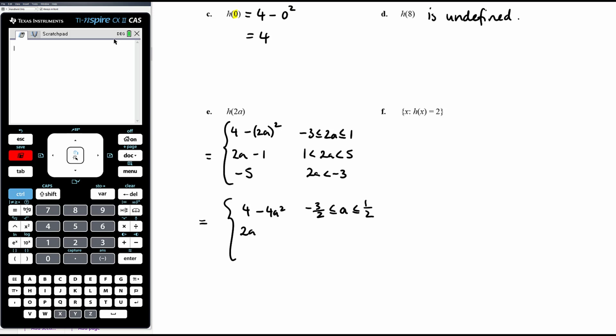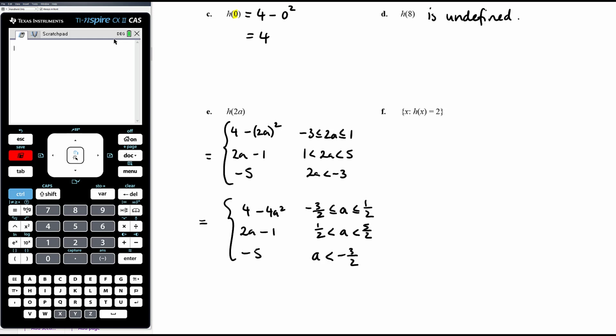We have the rule 2a minus 1, where a is between 1/2 and 5 on 2. And we have the rule negative 5, where a is less than negative 3 on 2. Okay. Essentially, this is taking the entire original function and dilating it by half from the y-axis. We'll talk more about transformations in a couple of videos' time.